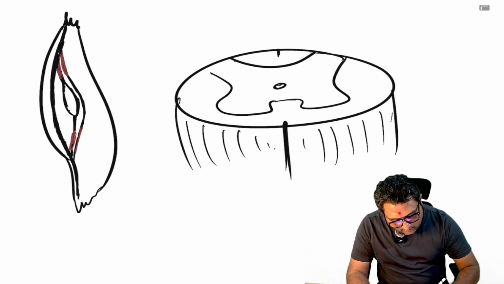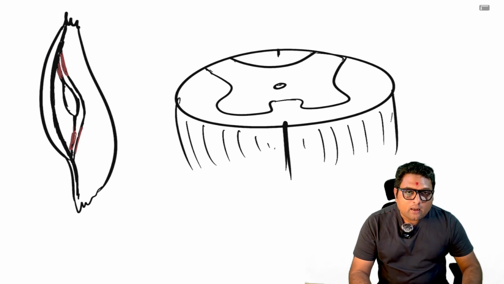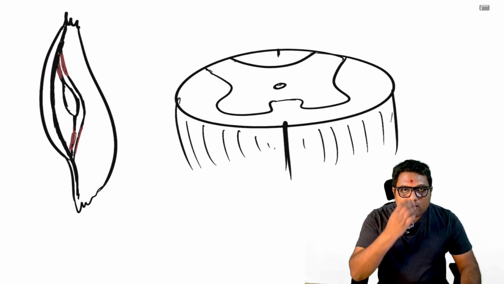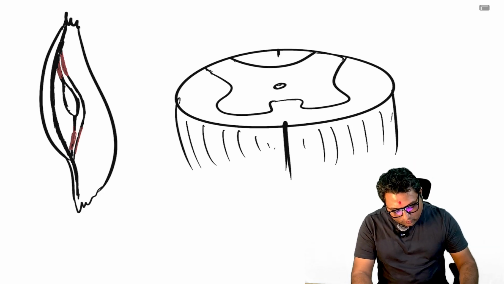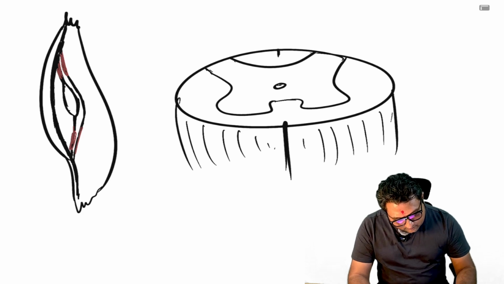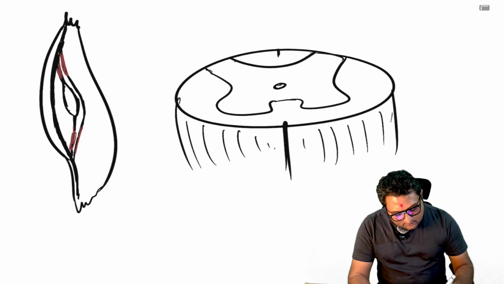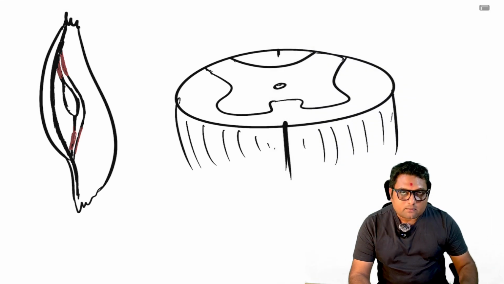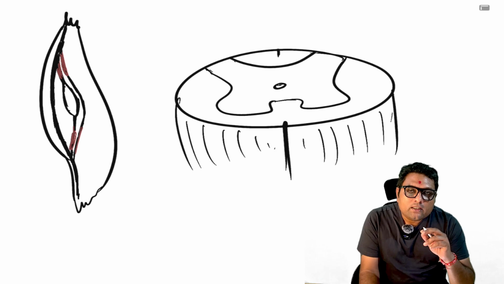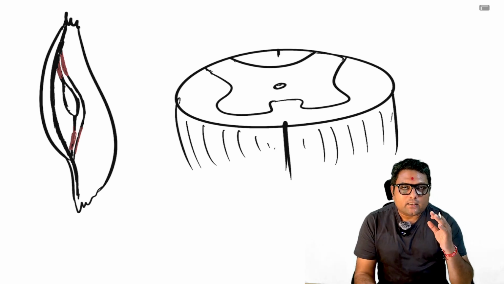The anterior gray matter is called the ventral gray horn, and the posterior is called the dorsal gray horn. Now we all know that the anterior or ventral gray horn is concerned with the motor system, whereas the posterior gray horn is concerned with the sensory system.